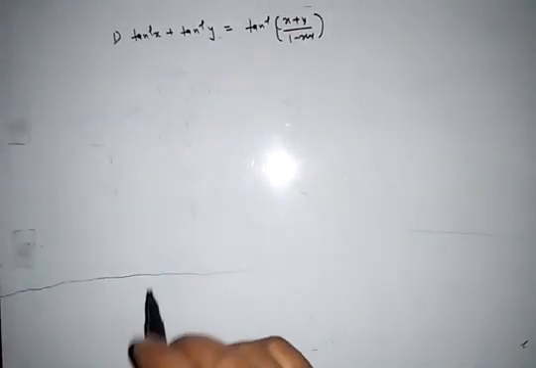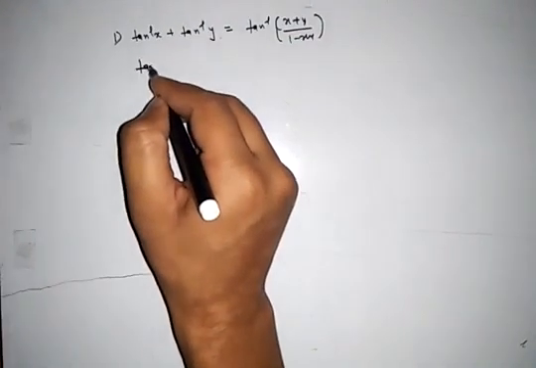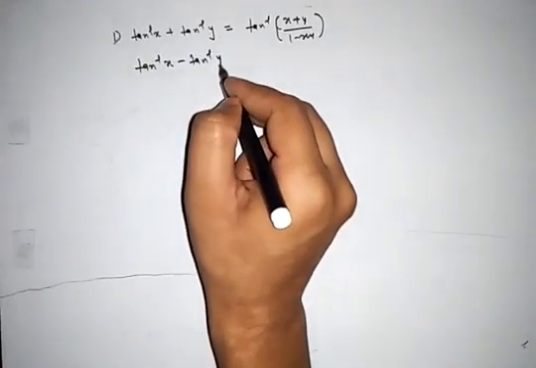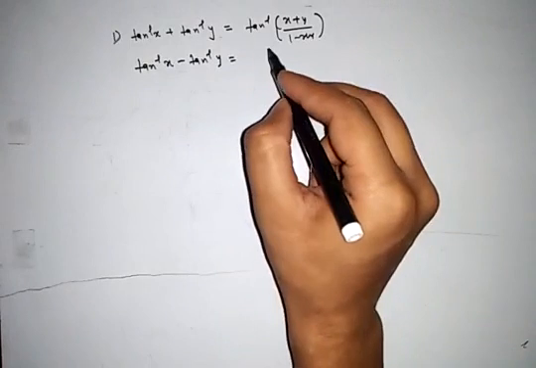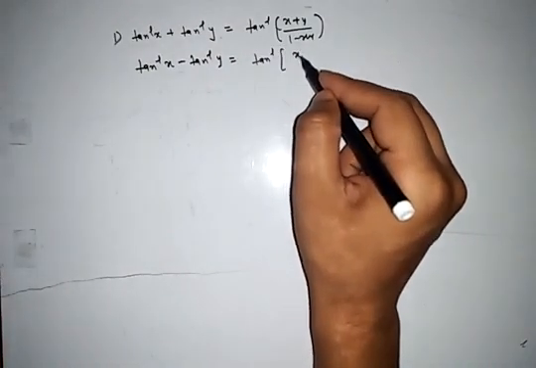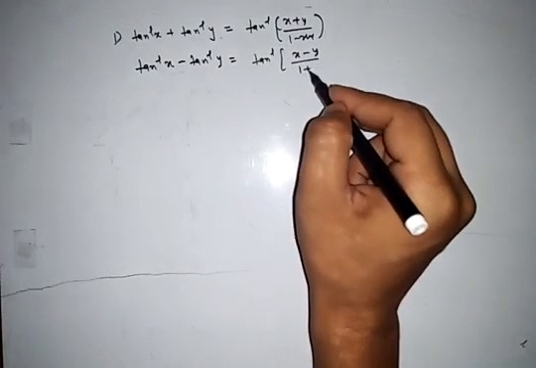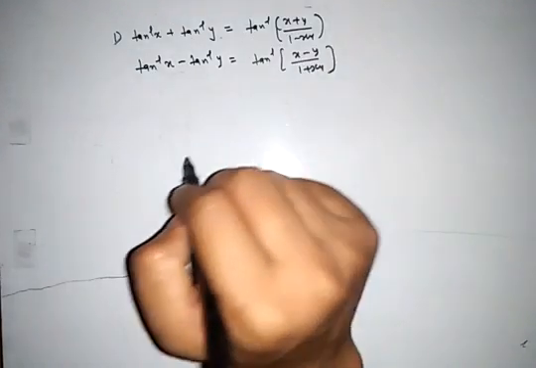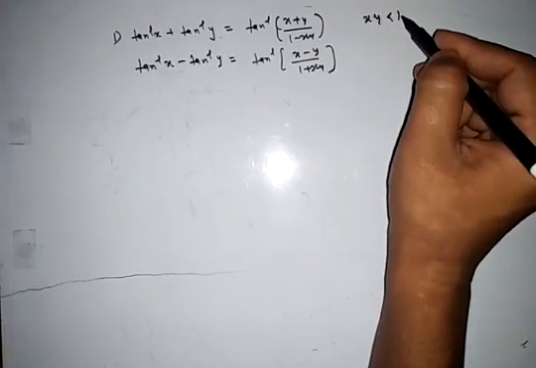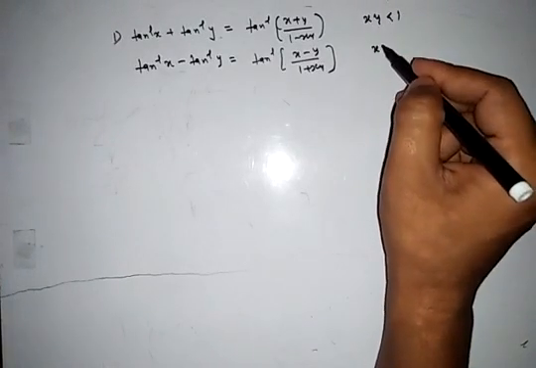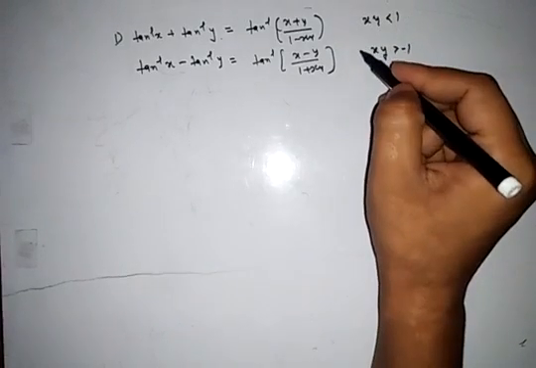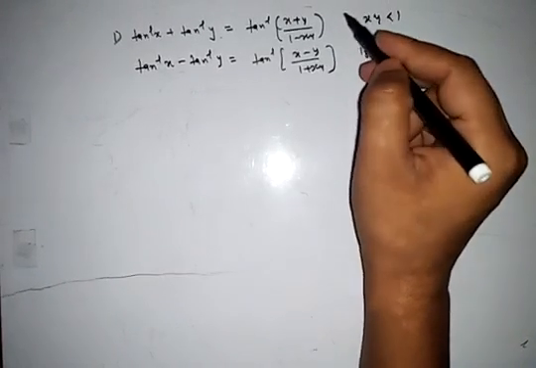Similarly, tan inverse x minus tan inverse y is nothing but tan inverse of (x minus y) by (1 plus xy), where xy is less than 1 in the first case, and xy is greater than minus 1 in the second, if this condition is satisfied.